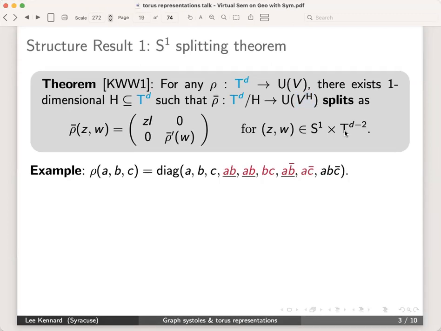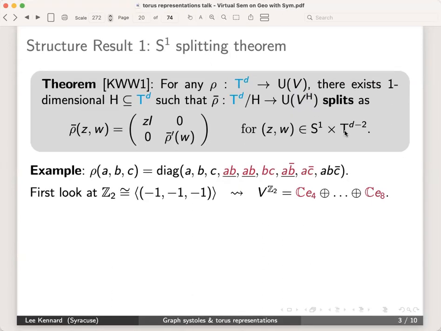So here's an example. This is a T3 representation. I just wrote some representations down. One thing you can do is first look at this Z2 subgroup, look at its fixed point set. So the ABC coordinates all act non-trivially, and the ABC does as well. And so you're left with these purple coordinates for the fixed point set.